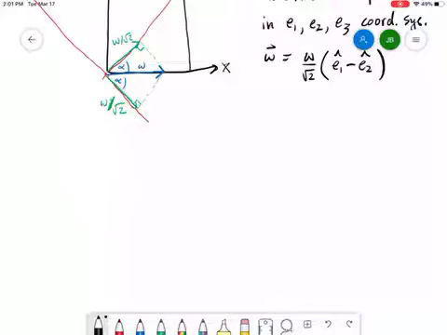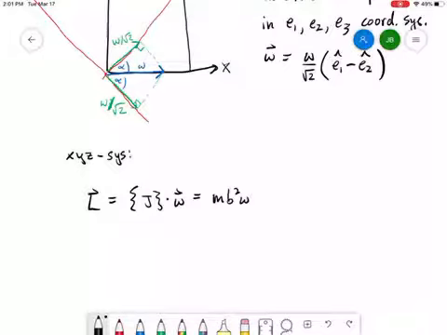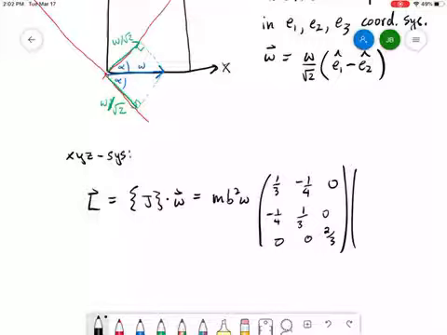So let's start with the XYZ system. L is going to be equal to J dot omega, which is going to be m b squared. We'll pick up a factor of omega. And then this is the tensor that has the off-diagonal elements. And then omega is simple in this coordinate system. It's just along z.